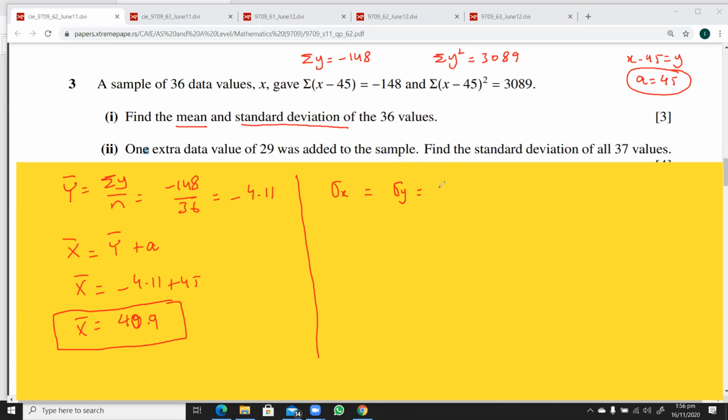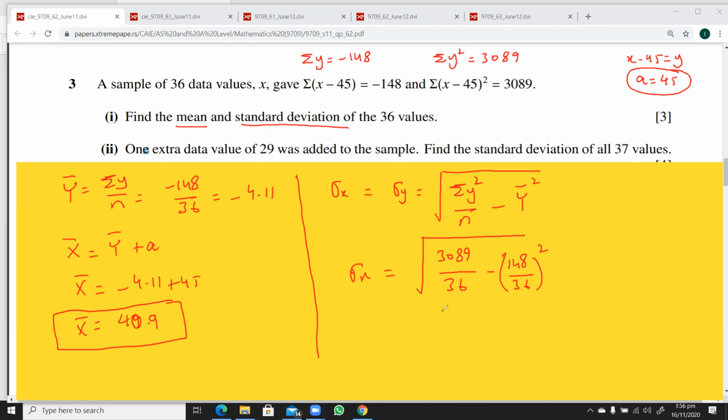So now this is going to be the square root of, let me write the formula first, sigma y square over n, minus y's mean square. So that is going to be sigma y square is 3089 over this 36. But when you're using the mean here, please use the actual mean. I'm not writing this minus because it is going to be a square on it. Okay, so if you calculate this, that will be this required standard deviation.